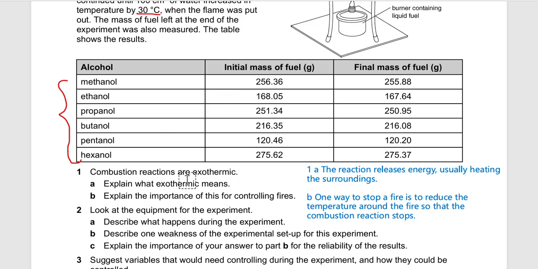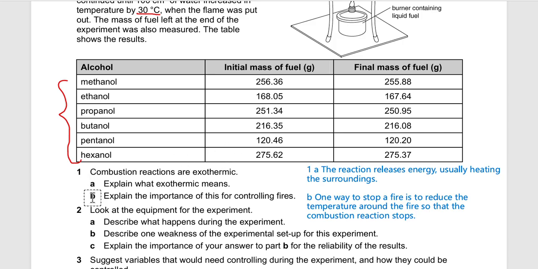Right, so what does exothermic mean? It means the reaction releases energy, usually heating the surroundings. We know when combustion takes place, energy is released in 3 different types. What are they? As heat, light and sound. So exothermic means we are talking about the heat energy which is released to the environment or the surrounding, right?